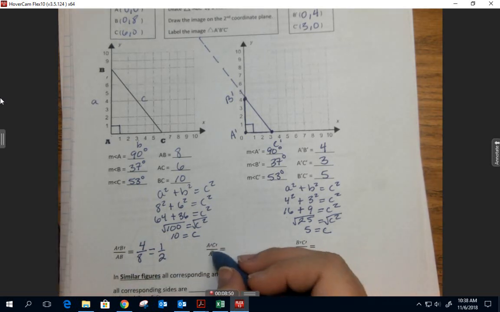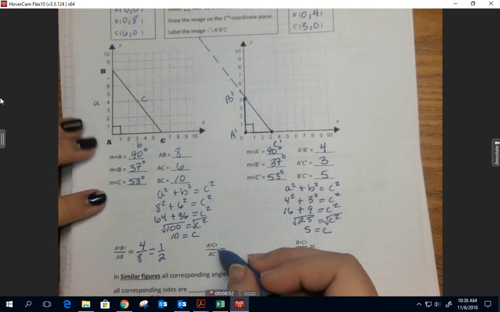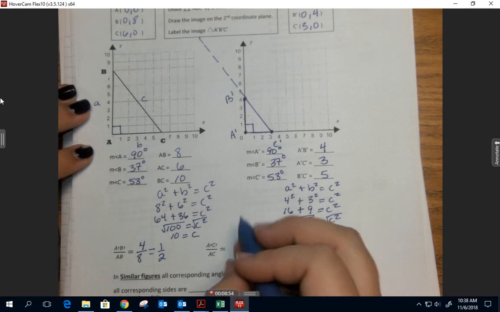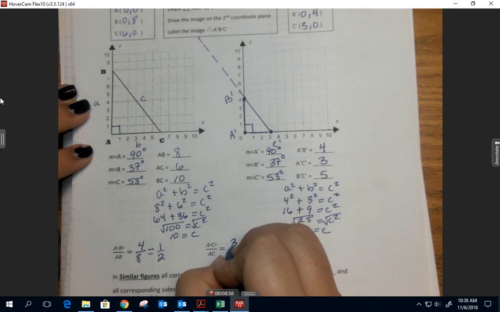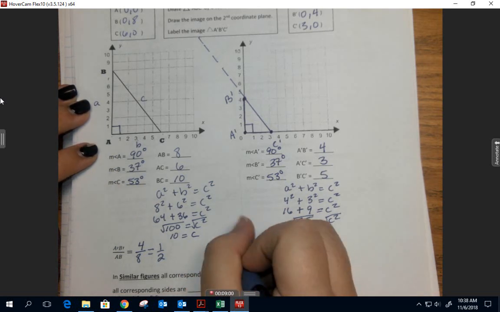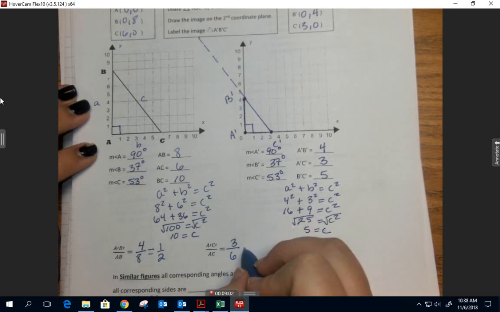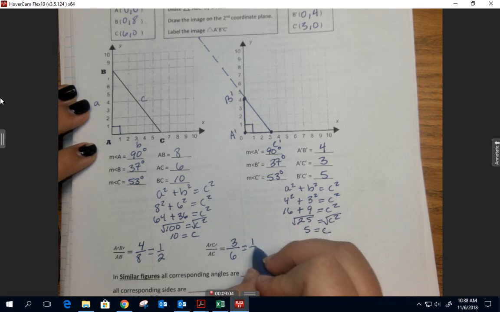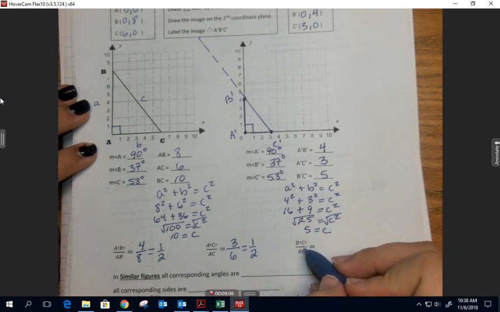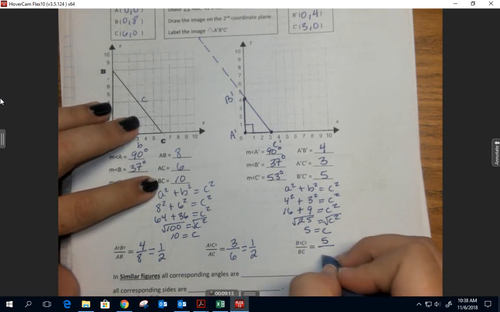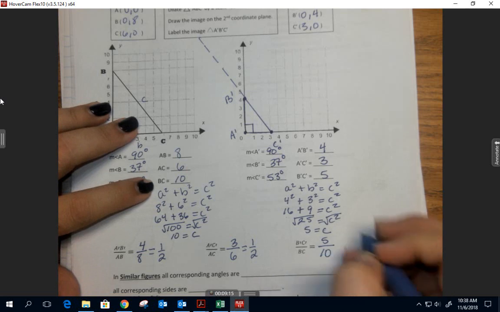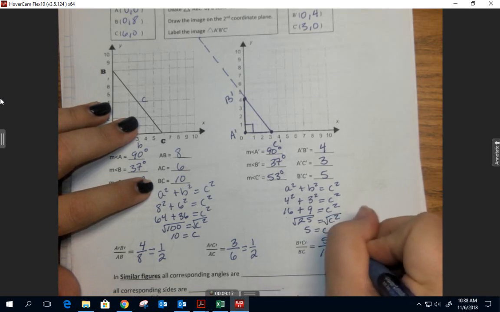Let's see if that happens again with A to C. A to C for our image is 3, and AC is 6. And again, that reduces down to 1/2. Now, B prime, C prime this time, remember, was 5 for our image, but for our pre-image, it was 10. And that, too, is 1/2.